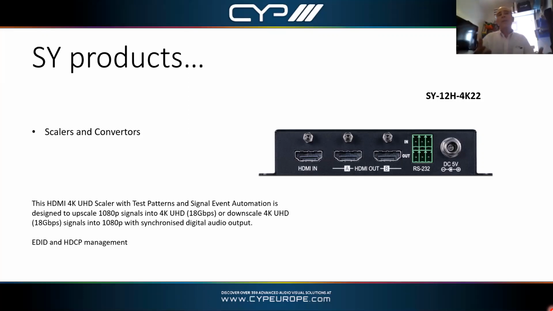And then if you need something that's actually scaling it as well, so normally the scaling SY products will be small I/O. So once a scaling product gets multiple I/O, like 3, 4, 5 inputs, multiple outputs, that's when it becomes a presentation switch. When it's just one input, a couple of outputs, or a couple of inputs and a single output, that's when you'll find it in the SY range.